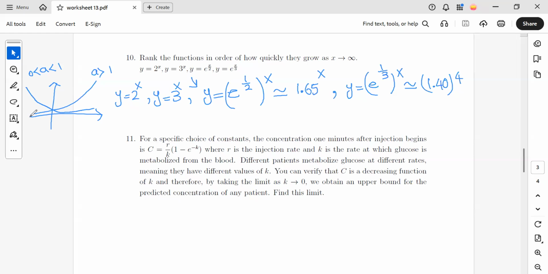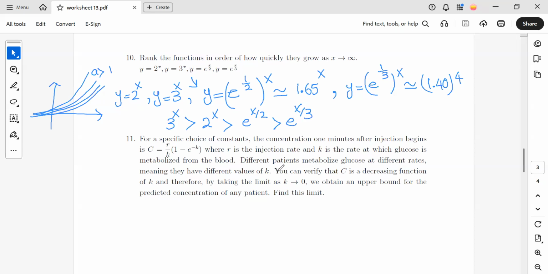So when you try different numbers as the base, you would see that exponential functions grow faster as the base increases. So if this one is 2 to the x, the other one is 3 to the x, and 1.65 is less than 2, 1.40 between all these, and you would end up with this order: 3 to the x grows faster than 2 to the x, grows faster than e to the x over 2, grows faster than e to the x over 3.